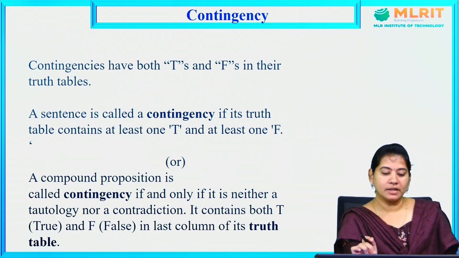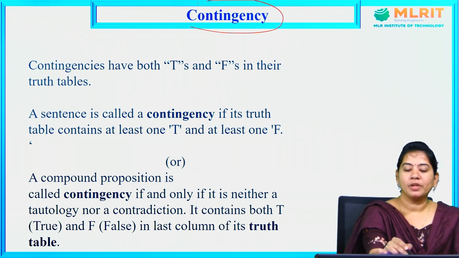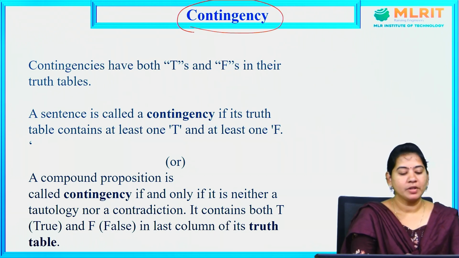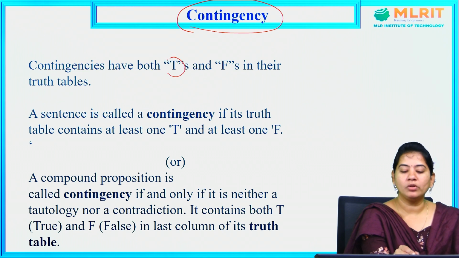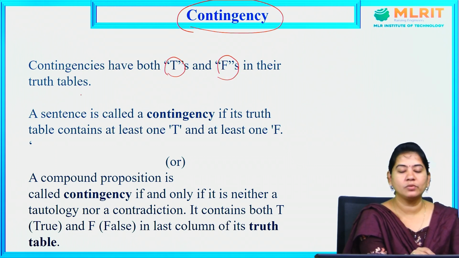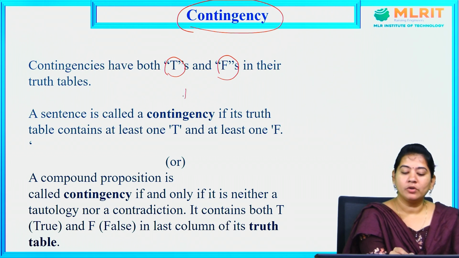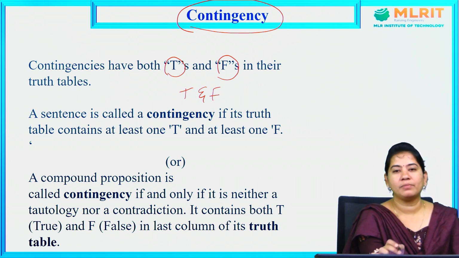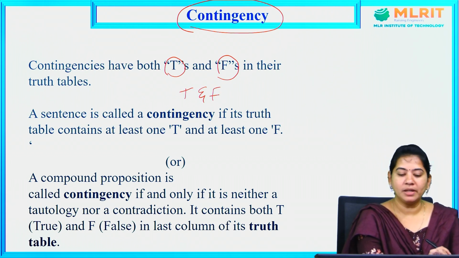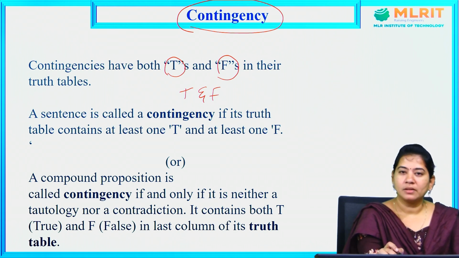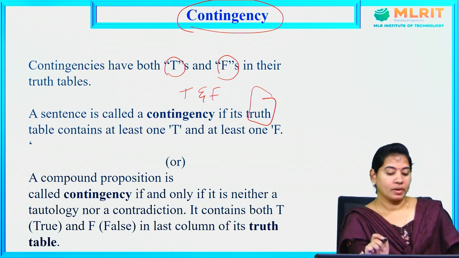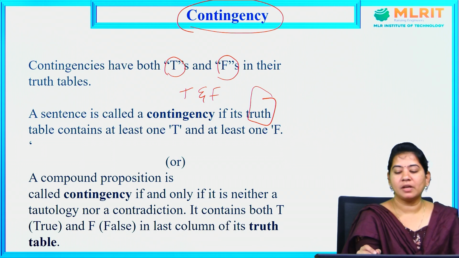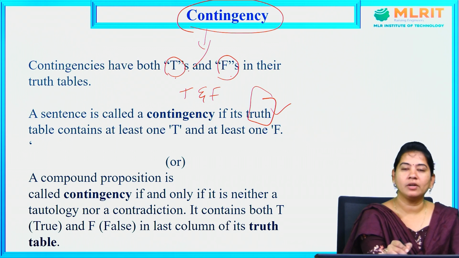So next, consider contingency. What is meant by contingency? Contingencies have both truths and falses in their truth tables. We observe that we have true statements and also false statements. In the previous tautology and contradiction, we got all true or all false statements, but a combination of both truths and falses is called a contingency.